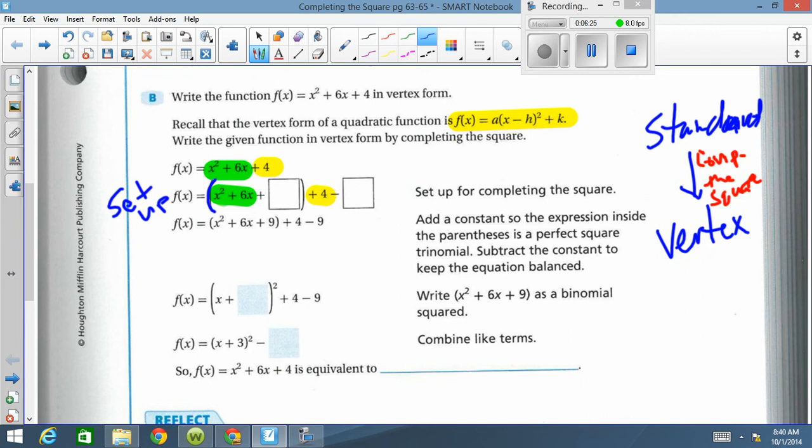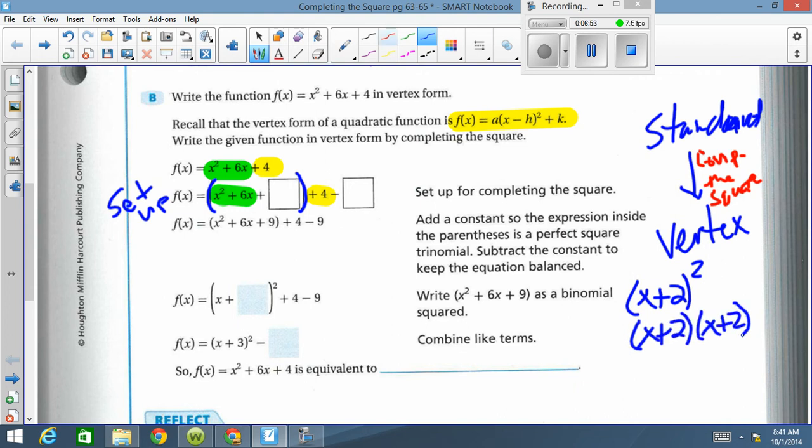So this is what I'm concentrating on right here. What I want to do is create a perfect square trinomial. Let me give you a side example of what a perfect square trinomial is. If you had x plus 2 times itself, or x plus 2 squared, that would be the same thing as x plus 2 times x plus 2.